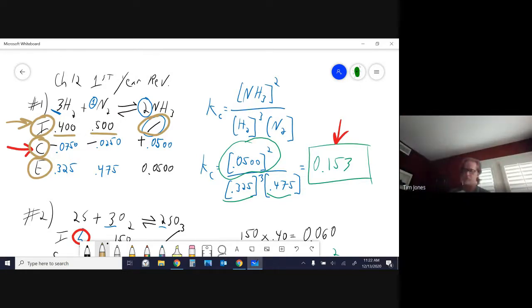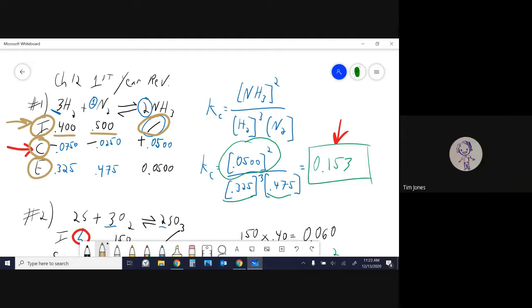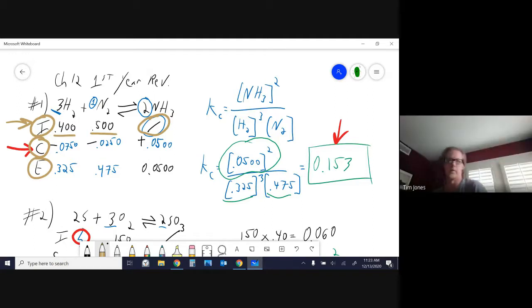Here it is. They said at equilibrium, the ammonia is 0.05. So that gave me this. And then what you do is once you know how that changes, it goes from nothing here to 0.05. The change is 0.05 right there.